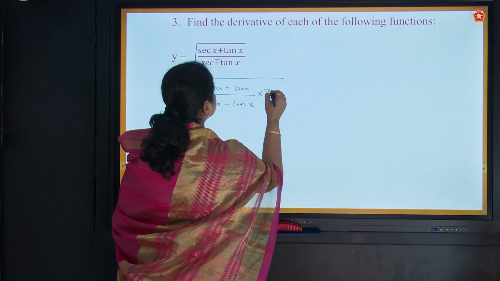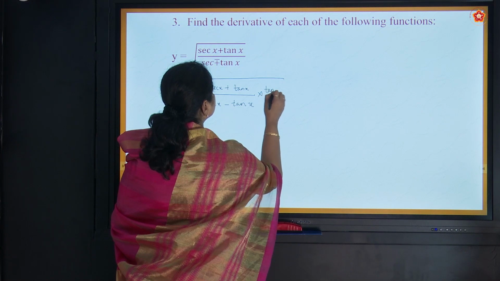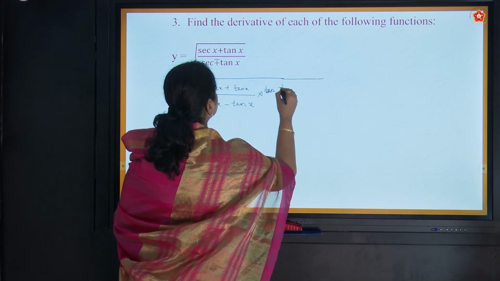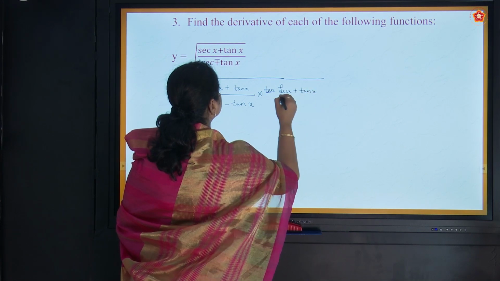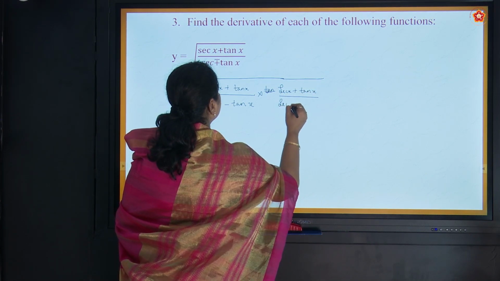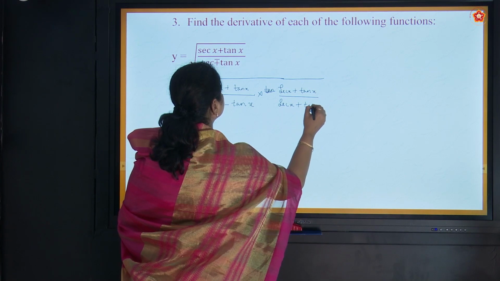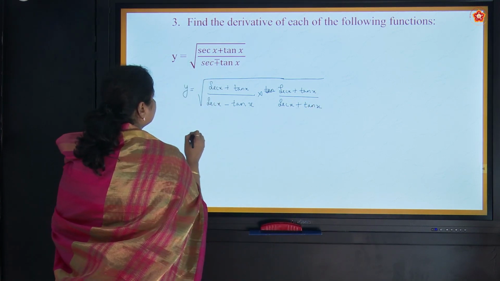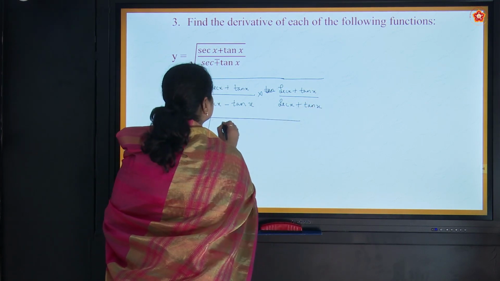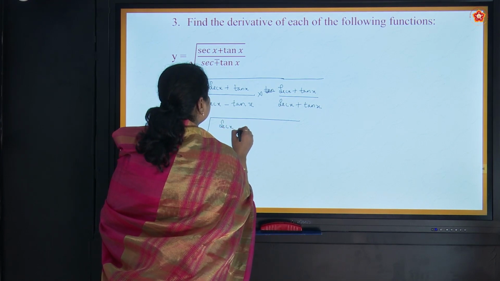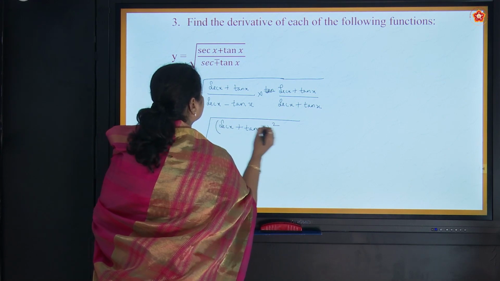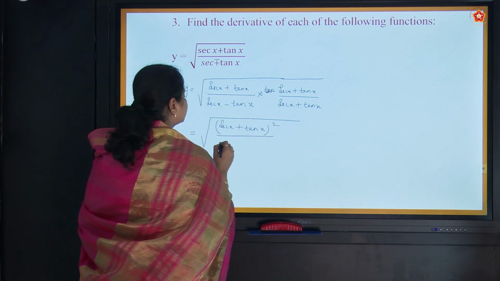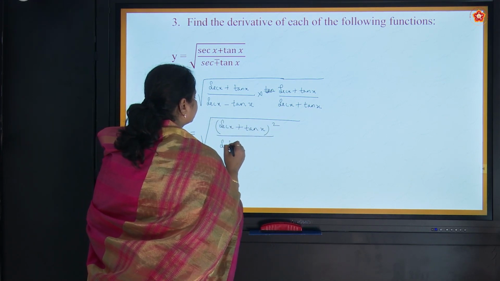Multiply by the conjugate of the denominator, so you multiply by secant x plus tan x, both to the numerator and to the denominator. So what do you get? You get secant x plus tan x the whole square on the numerator divided by secant square x minus tan square x.